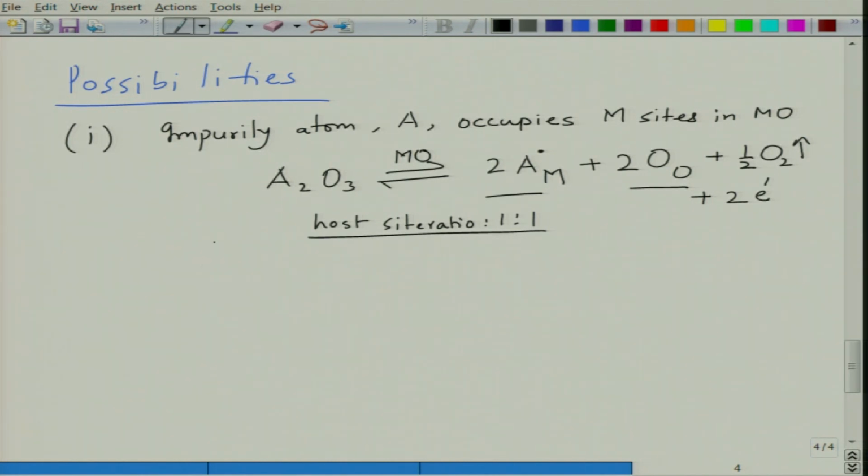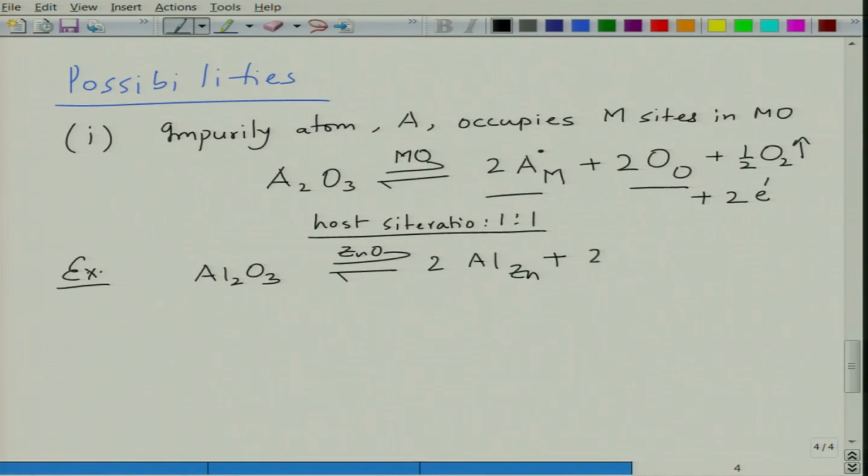So, just like an example could be, if you have Al2O3, which let us say goes into ZnO, what will happen? This is 2 Al going to zinc site, plus 2 oxygen going to oxygen sites, and another oxygen goes out, and then 2 electrons.